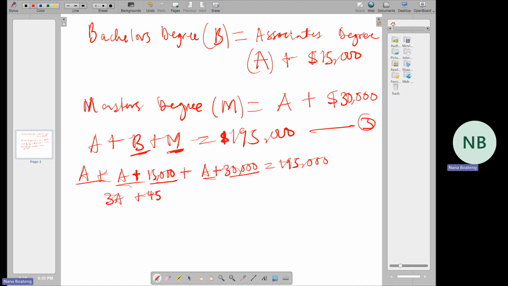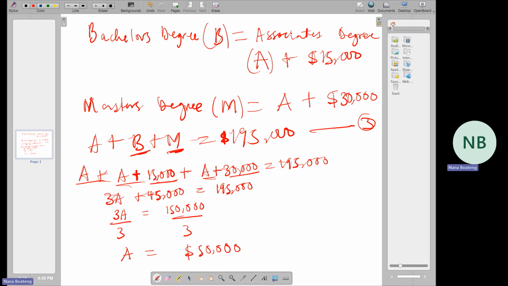So 3A plus 45,000 is equal to 195,000. If we subtract 45,000 on both sides, then we get 3A is equal to 150,000. If we divide both sides by 3, then an associate's degree holder makes about $50,000 a year.